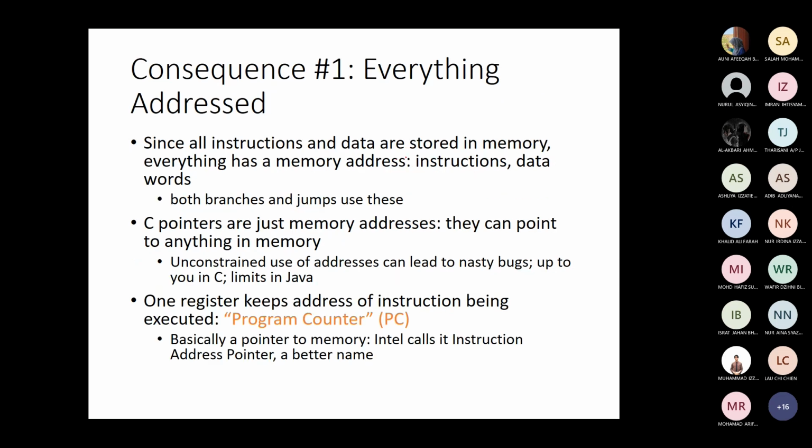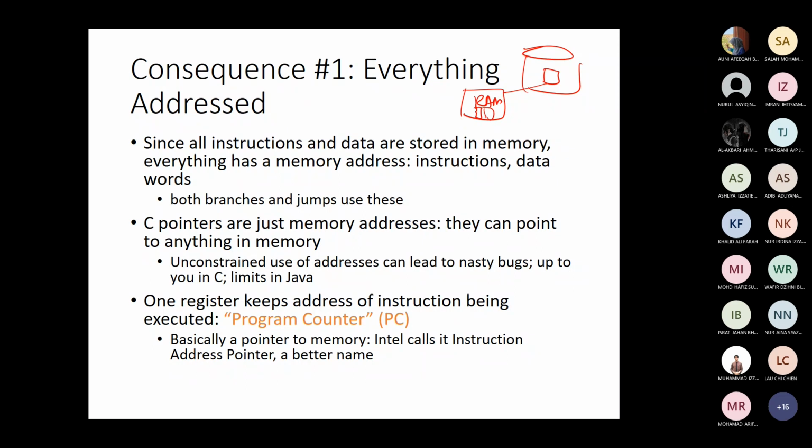So what are the consequences? Everything is addressed, meaning everything can be retrieved or stored based on address. Since all instructions and data are stored in memory, remember from the hard disk, we take out the program and send it to the RAM, to be stored in a block like that.